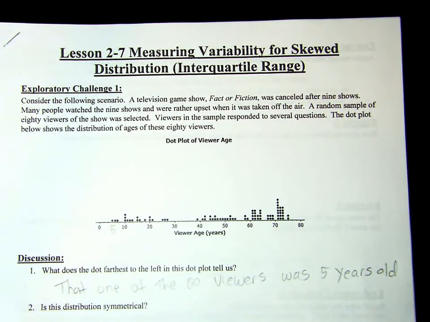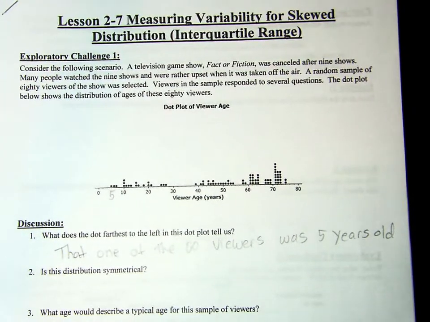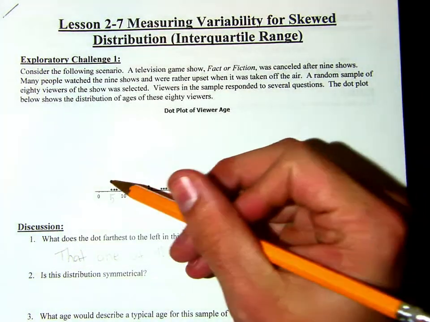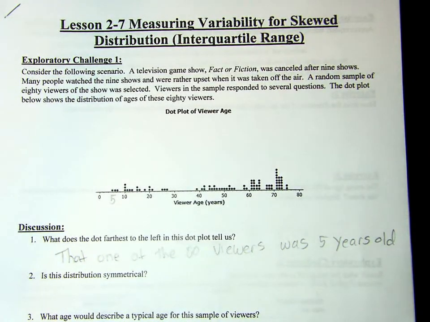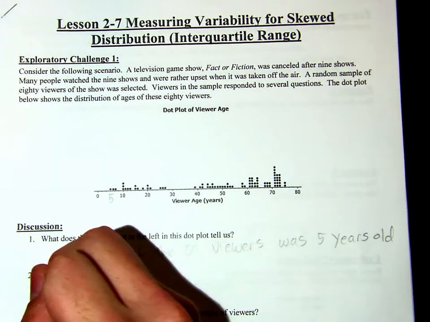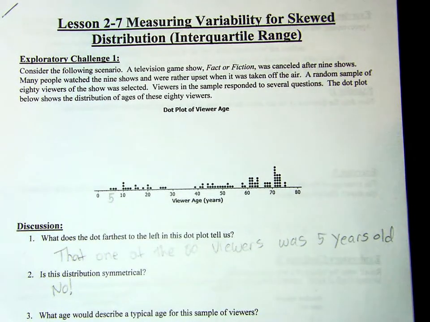Okay? And they also want to know, for the second question, is the distribution symmetric? Well, if we look at it, most of our data is to the right. So we know that it's not symmetric. So we're going to say no. And we could say there are more viewers at older ages.